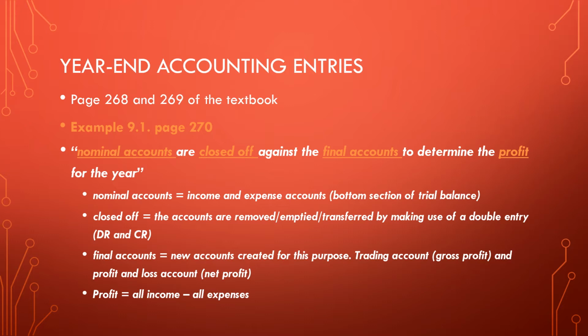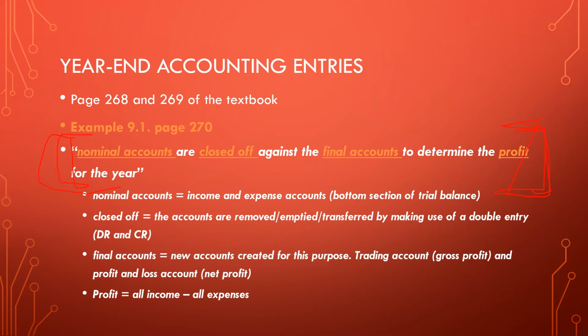Now we are at financial year end, and according to this quote, the financial year end process is by taking nominal accounts, closing them off against the final accounts, and determining the profit for the year.